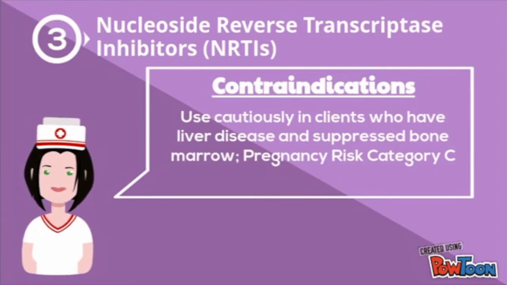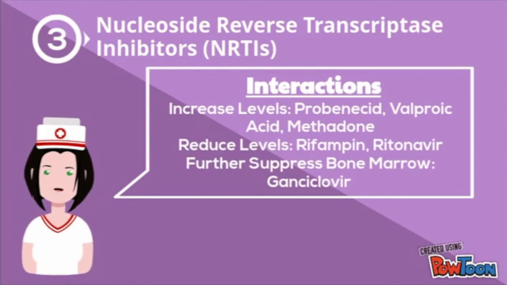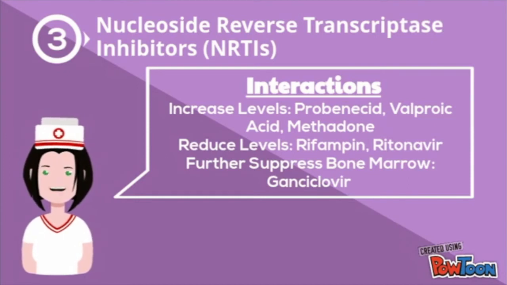It needs to be used cautiously in clients who have liver disease and suppressed bone marrow. It is pregnancy risk category C. Probenecid, valproic acid, and methadone increase levels. Rifampin and ritonavir reduce them, and ganciclovir further suppresses bone marrow when taken with zidovudine.